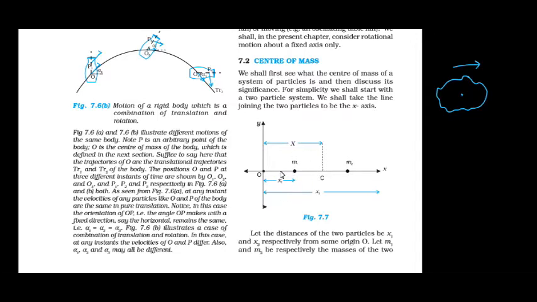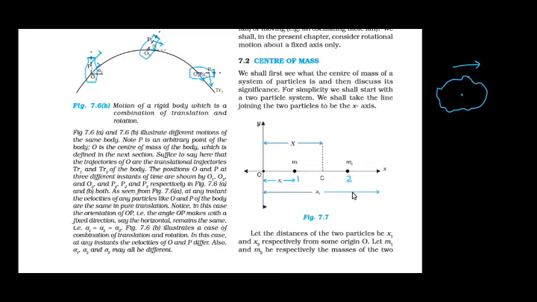So in simple language, whatever is written in this paragraph, I am describing from the figure. Let there be two particles, particle 1 and particle 2. Particle 1 has a mass m1, particle 2 has a mass m2. Particle 1 is separated by a distance x1 from the origin.